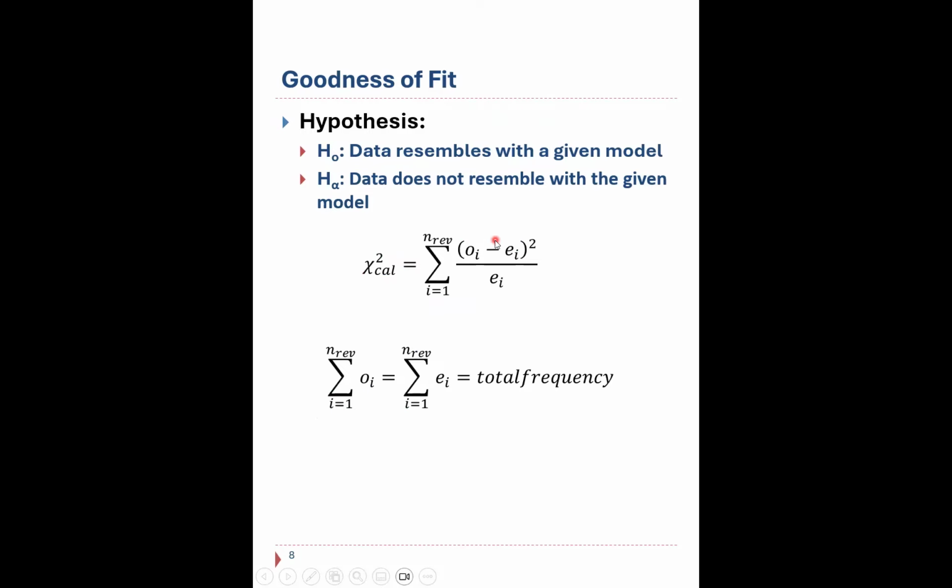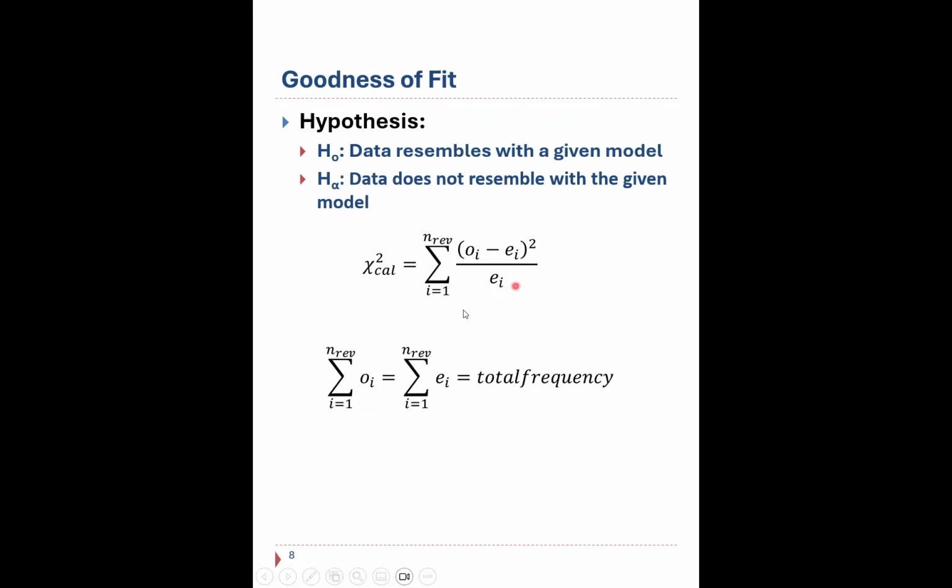So let's look at the test statistic. We will go for the hypothesis definition. The null hypothesis is that the data resembles a given model, and the alternate hypothesis is that the data does not resemble the given model. So the model is adequate to represent the data, which is the null hypothesis, and the alternate hypothesis can be defined accordingly.